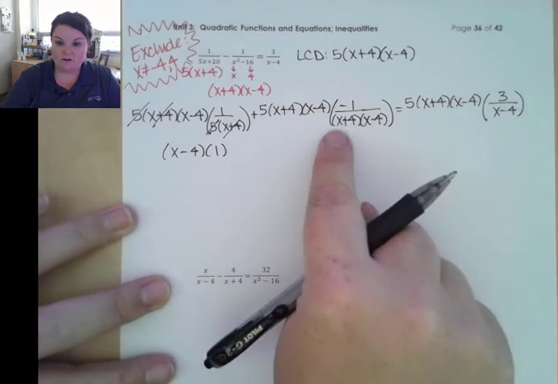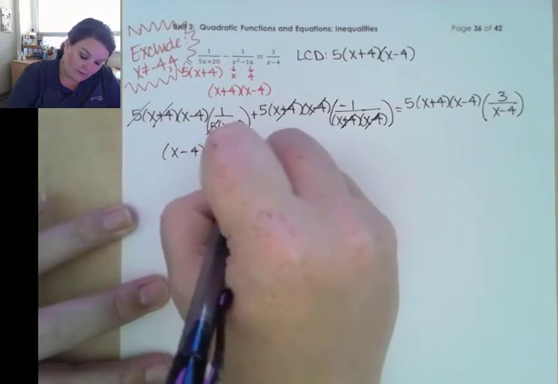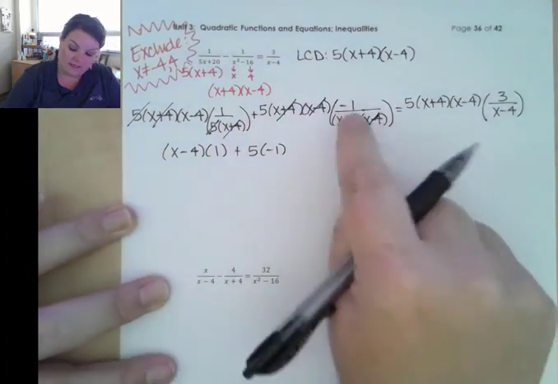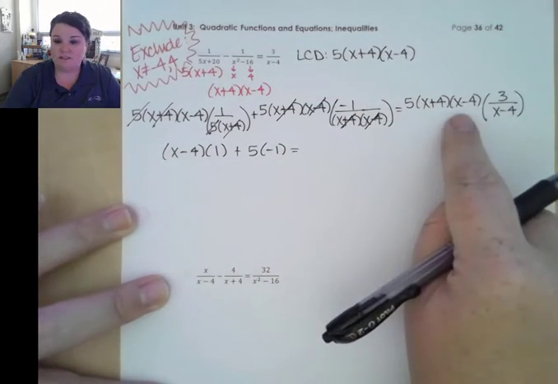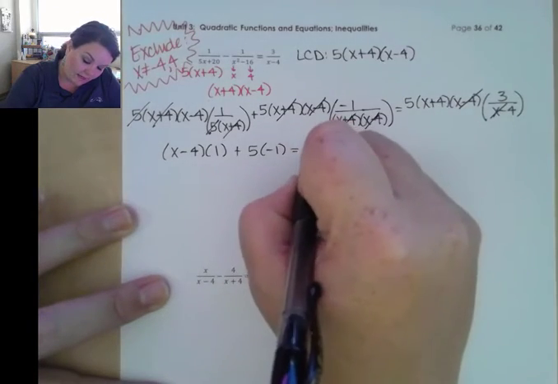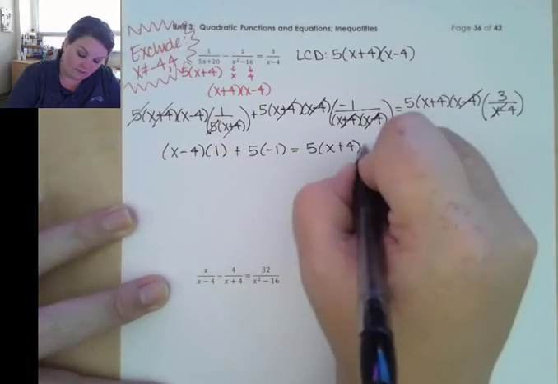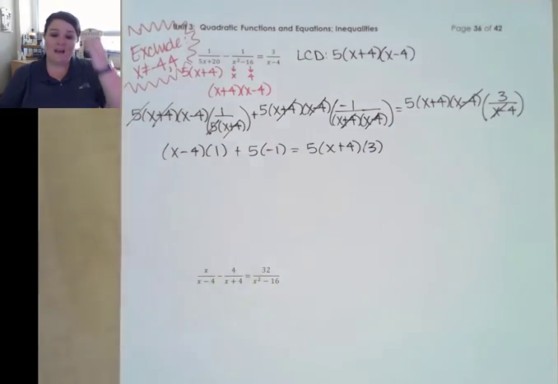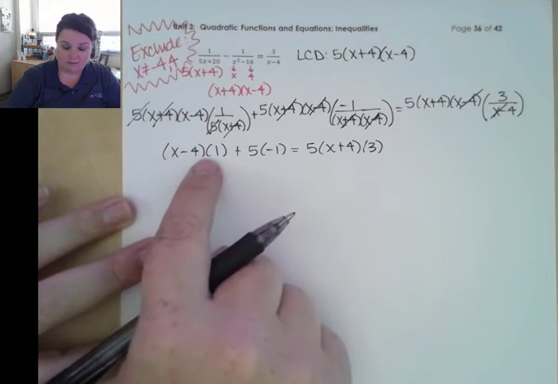In the second term, both of my factored quantities are going to cancel, and I'm left with 5 times the -1 that I have on top. And then on the other side, my x minus 4s are going to cancel, and I'm left with 5 times x plus 4 times the 3 that's left on top. And now this is something I should be able to simplify, right? If I distribute this 1, I'm just going to get x minus 4.